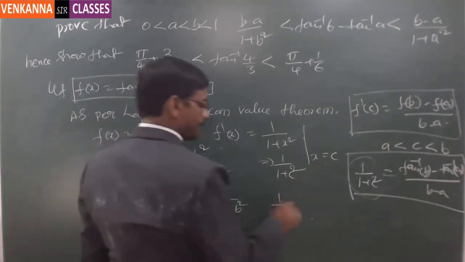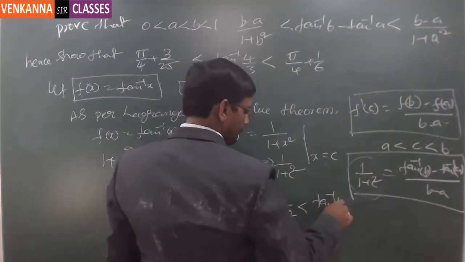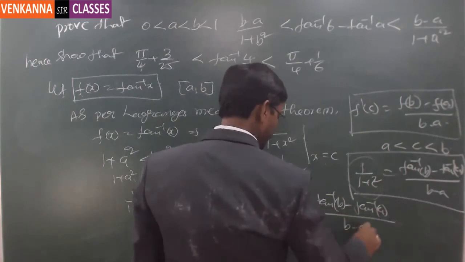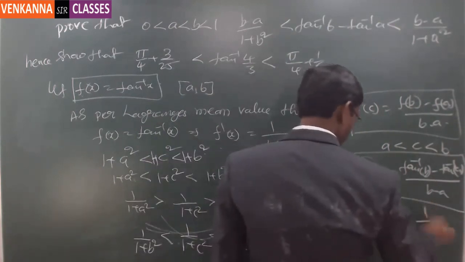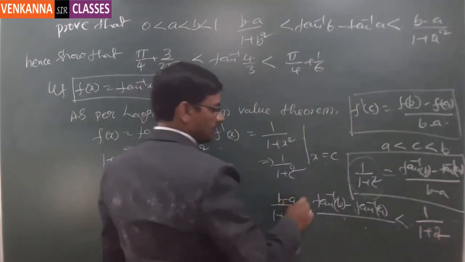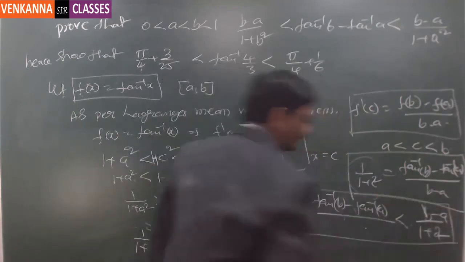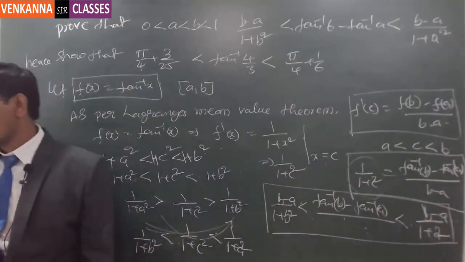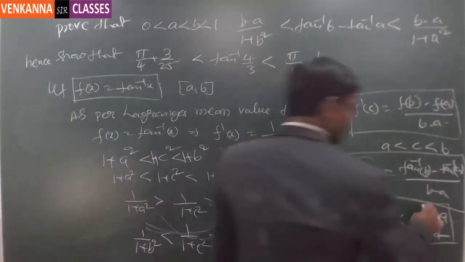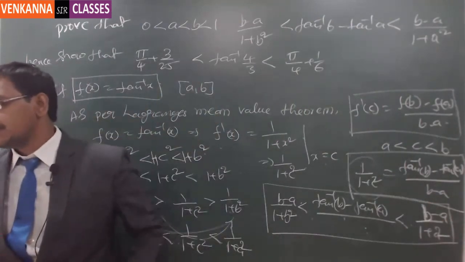Then 1 by 1 plus b square is less than tan inverse of b minus tan inverse of a divided by b minus a is less than 1 by 1 plus a square. So this b minus a you can take to the other side. So this is what he asked us to prove. Got it? Any questions on this?